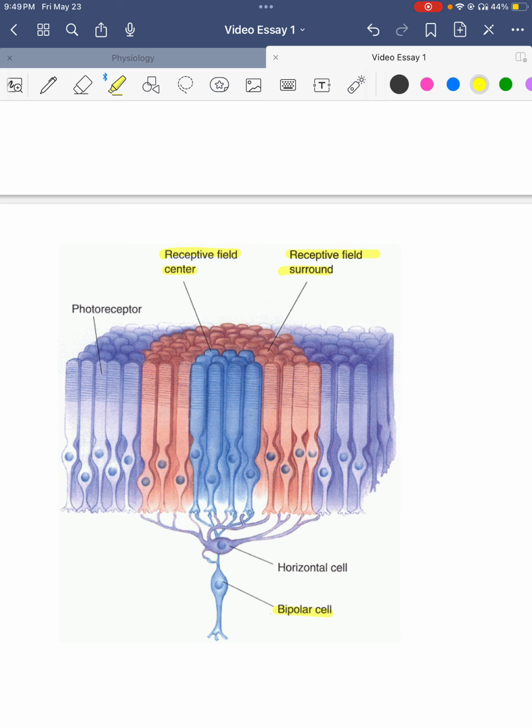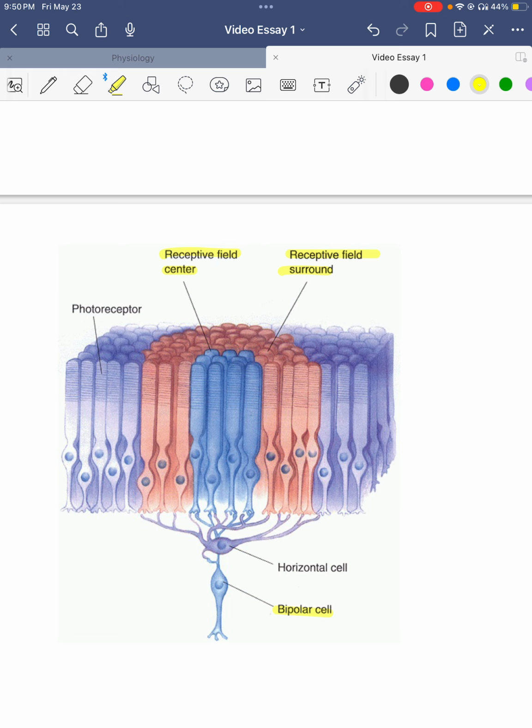So on-center cells are excited by light in the center. They use mGluR6 receptors that are inhibited by glutamate, so they activate when light reduces glutamate. Off-center cells are excited by dark in the center. They use AMPA receptors that are activated by glutamate, so they activate in the dark.